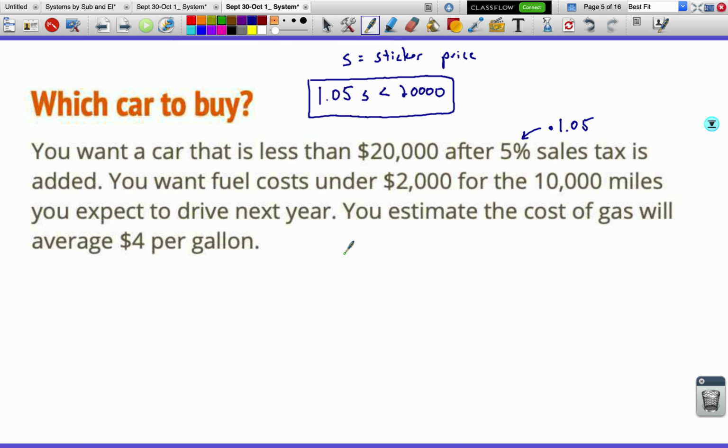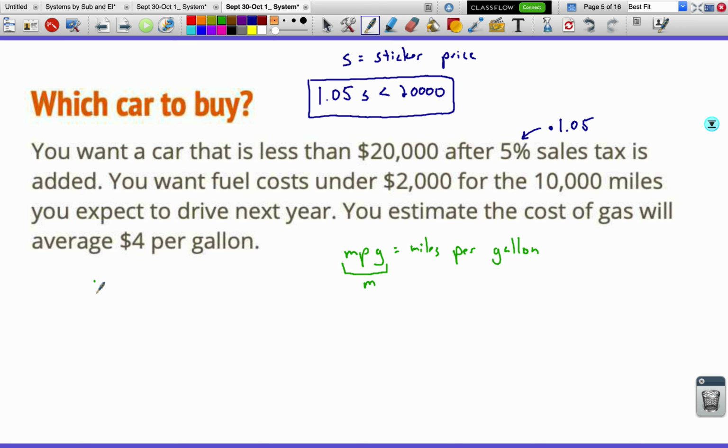We're going to look at the car's MPG, for miles per gallon. This is what will be advertised, and we can use that fact to figure out how much we're going to be spending in fuel. So how we're going to figure this out? First, let's shorten this to just a single letter, so we don't have to write MPG each time. We'll just say M for miles per gallon.